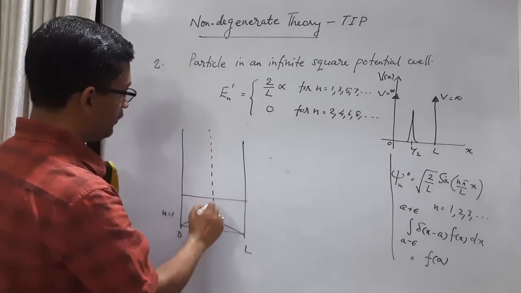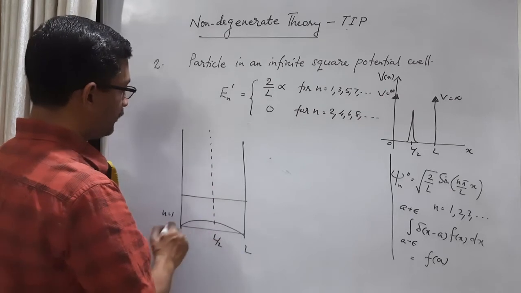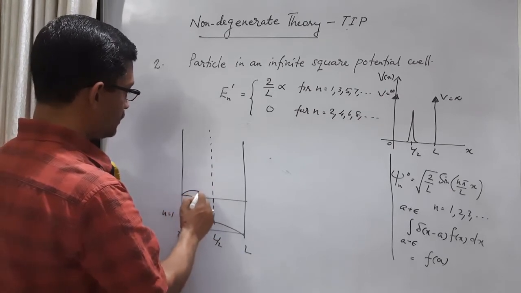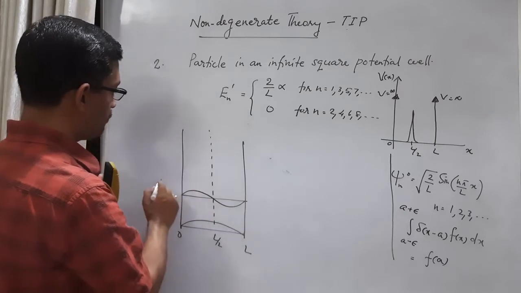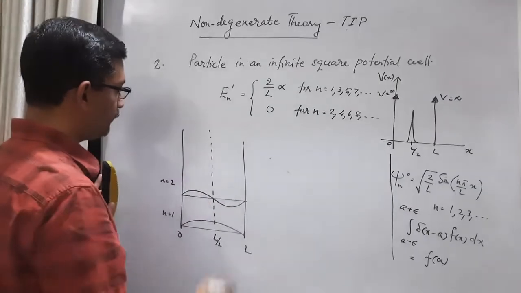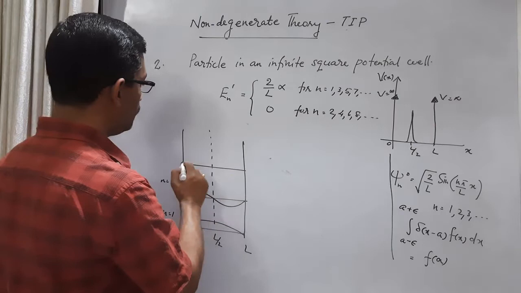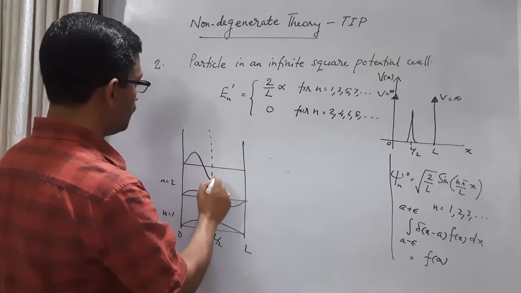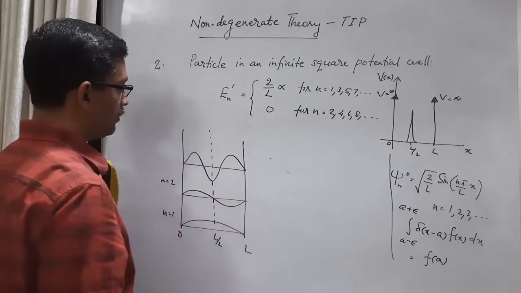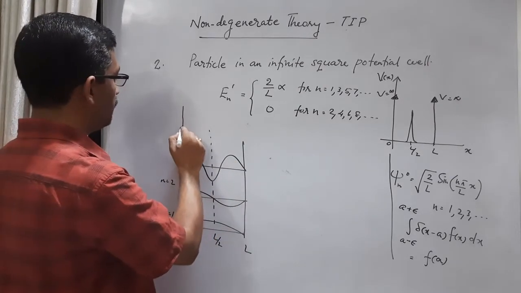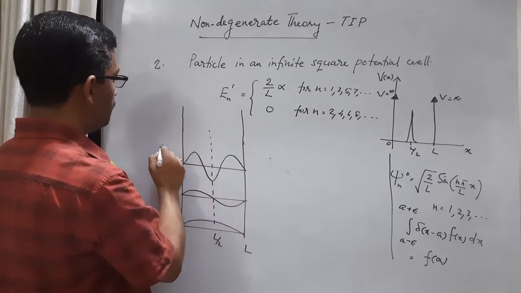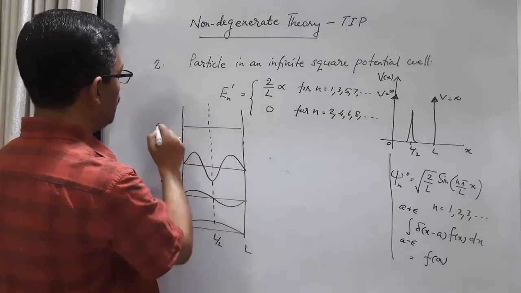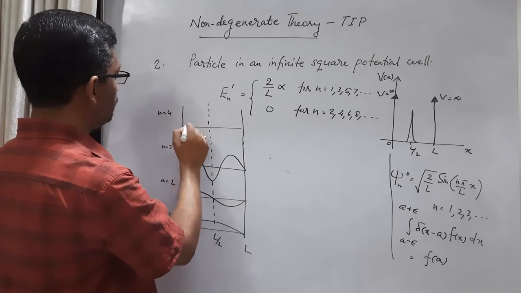This is L by 2. N equal to 2 wave function is like this. This is psi 2. N equal to 3, this is n equal to 3, and n equal to 4.